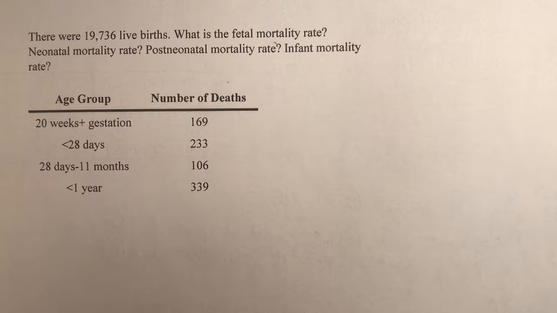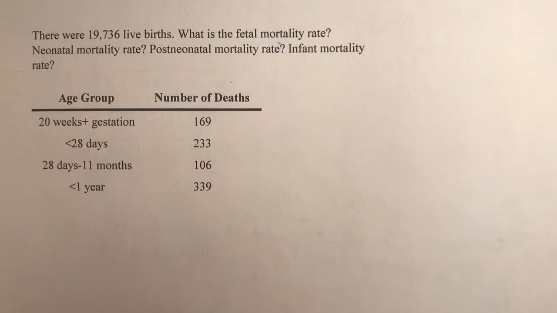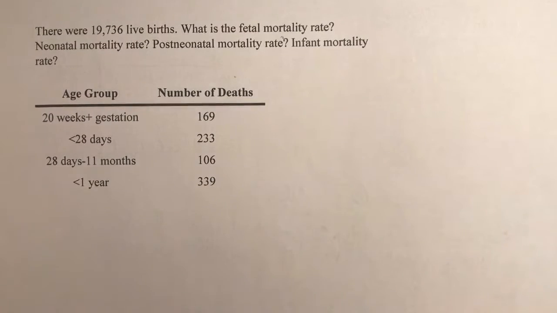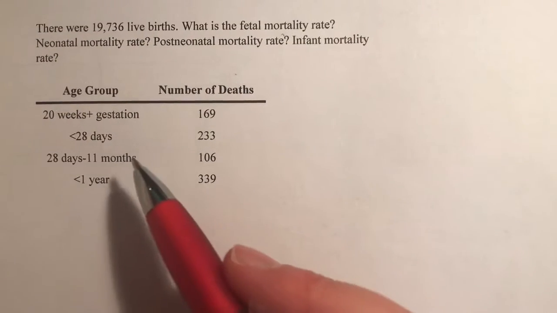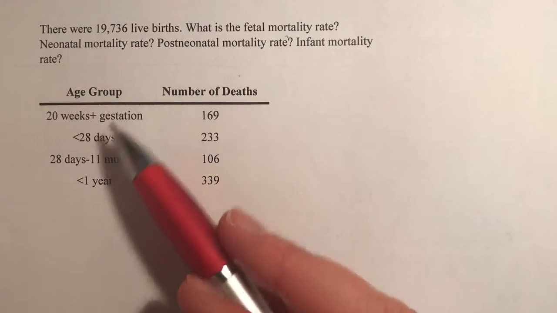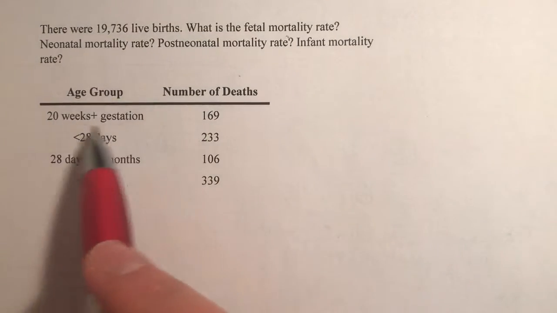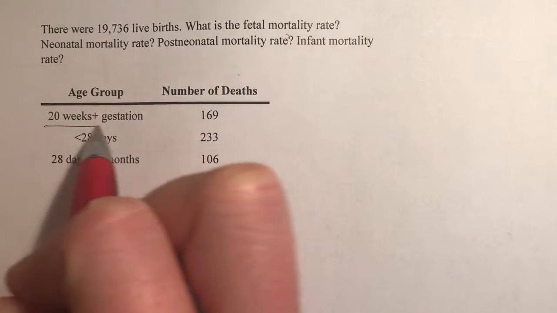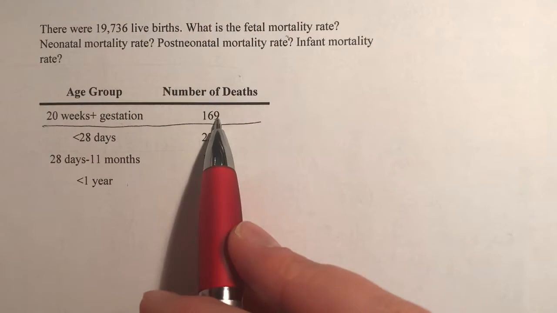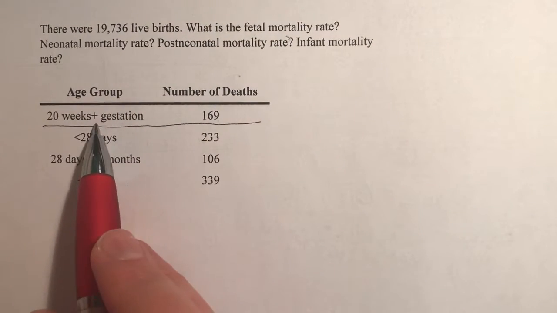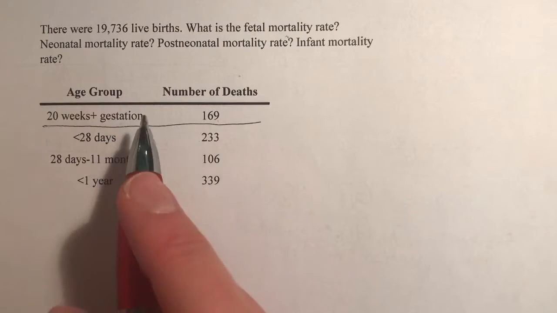Oftentimes these are babies who were born as a stillbirth, or unfortunately who had already passed away upon delivery. This table is set up very nicely to allow us to see the breakdown of these different measures. Our fetal mortality is this first row here of 169 deaths that occurred at 20 weeks plus gestation.